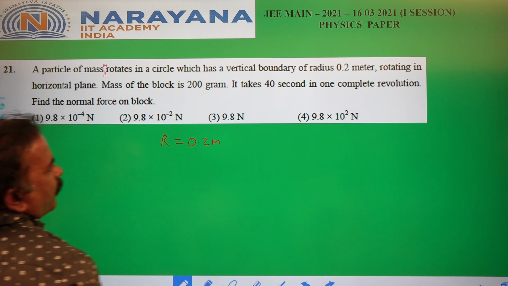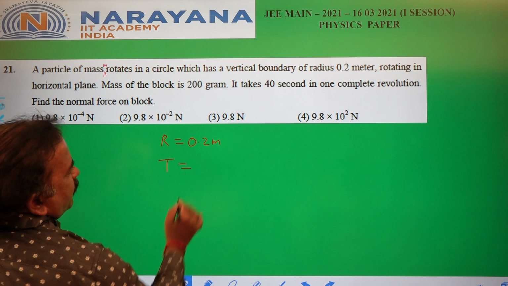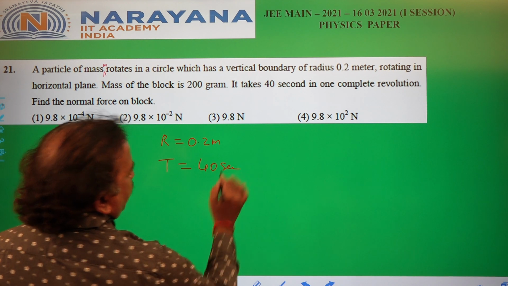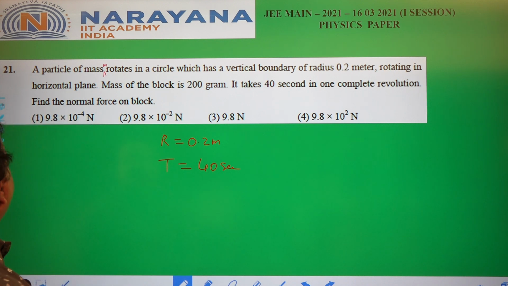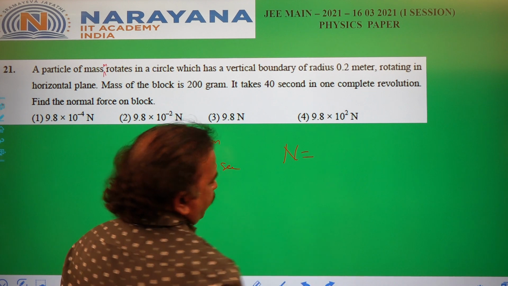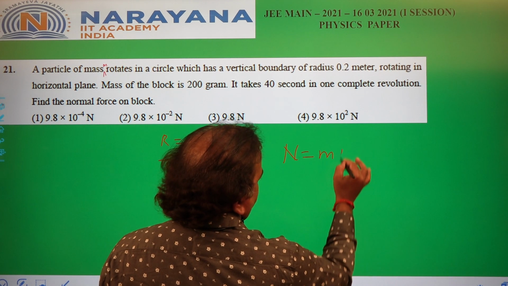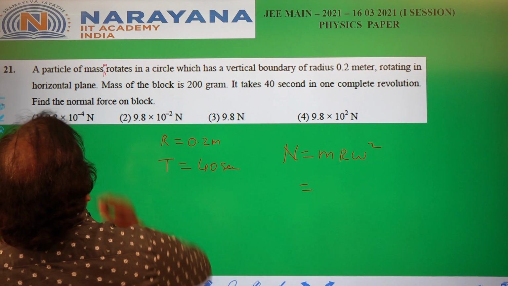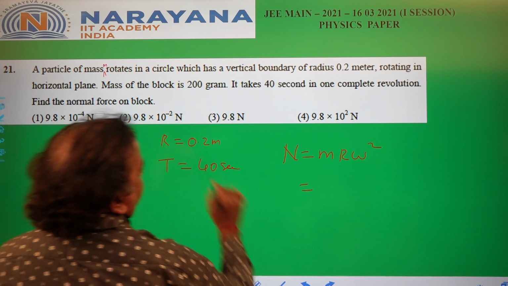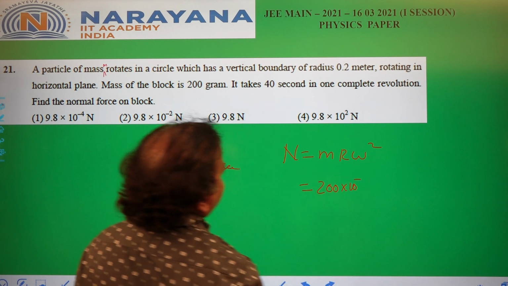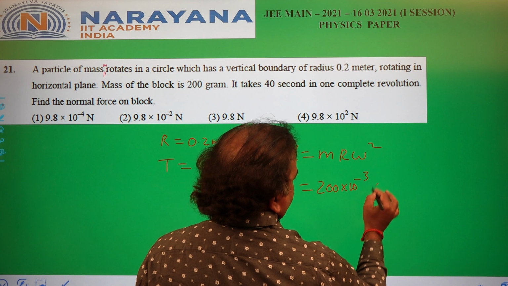It takes 40 seconds, so capital T is 40 seconds in one complete revolution. Find the normal force. So what is the normal force? Equal to centripetal force, m r omega square. Mass of the particle is 200 grams, so 200 into 10 power minus 3 converting into kg.